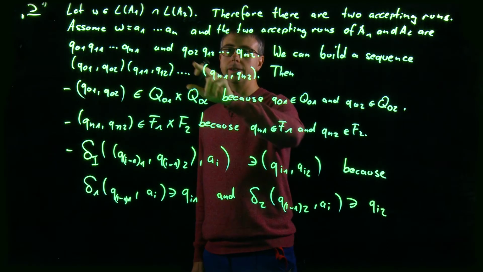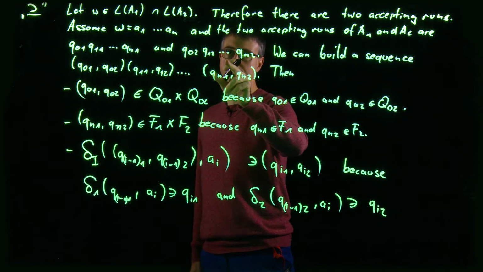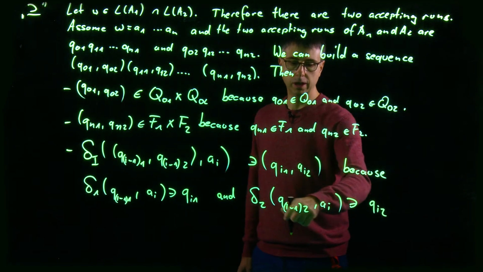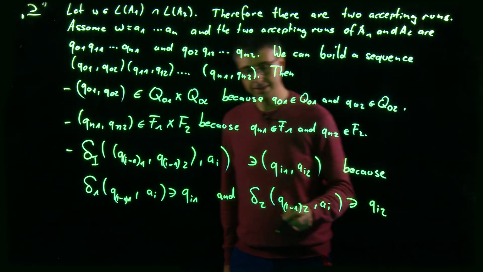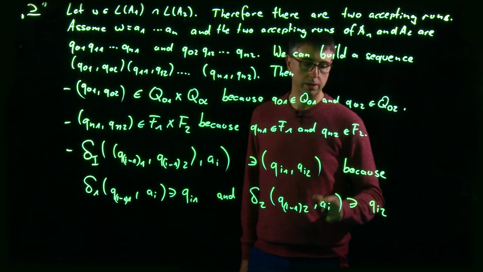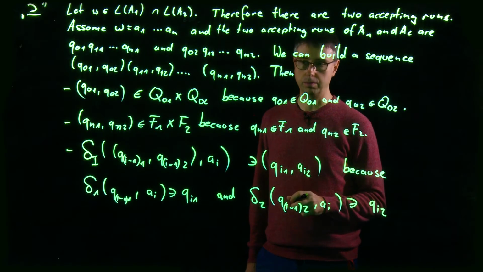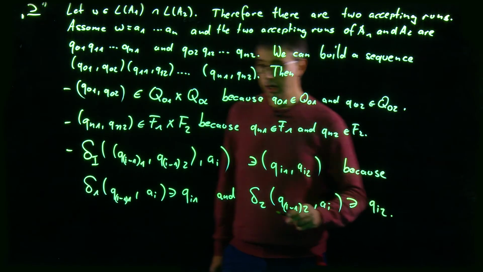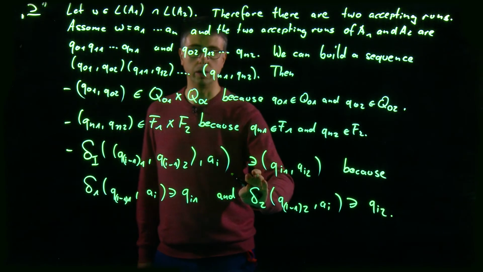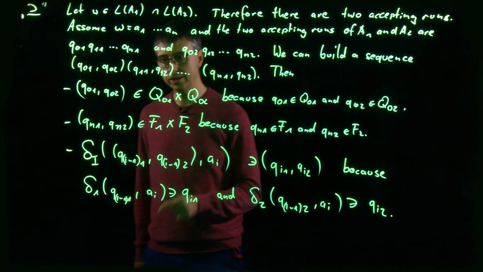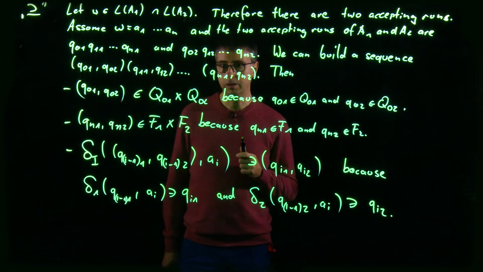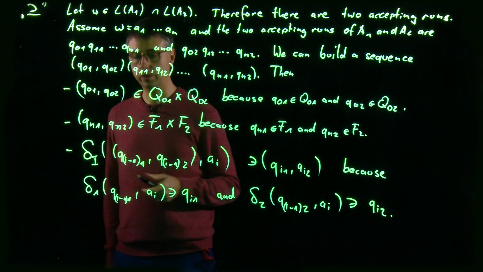Each of the states here is a result of taking a transition, so we know that there must be a transition from the (i-1)th state in A2 with letter a_i to the state q_i^2. So we have concluded that we have this condition on the transitions. We have concluded the requirement on the final states and on the initial states.